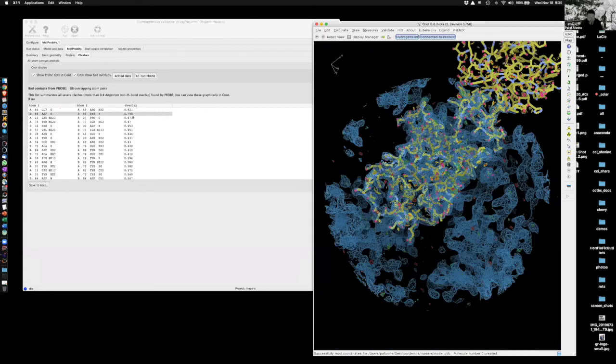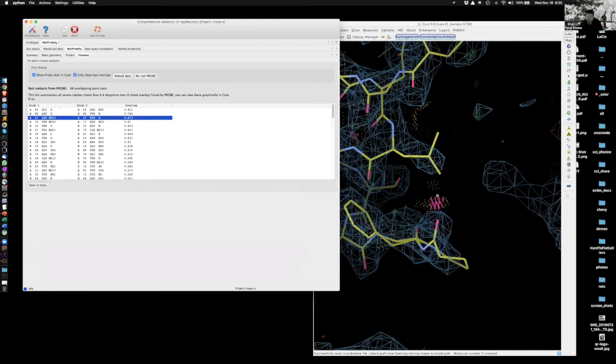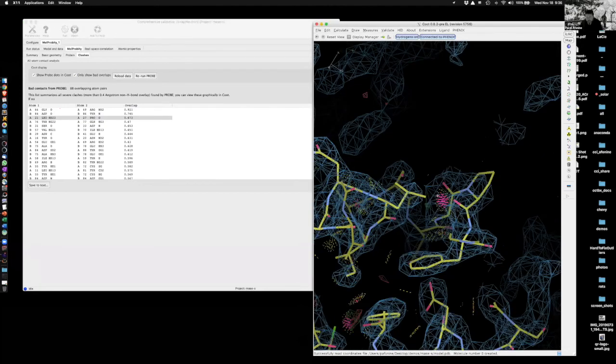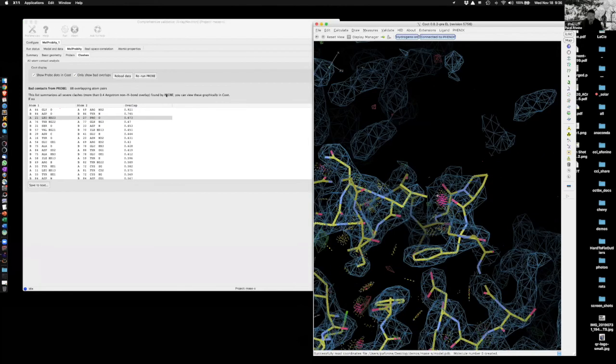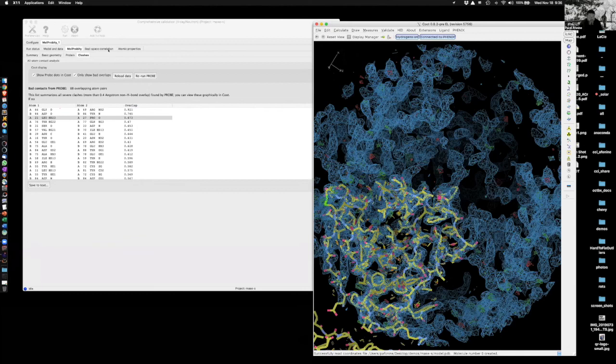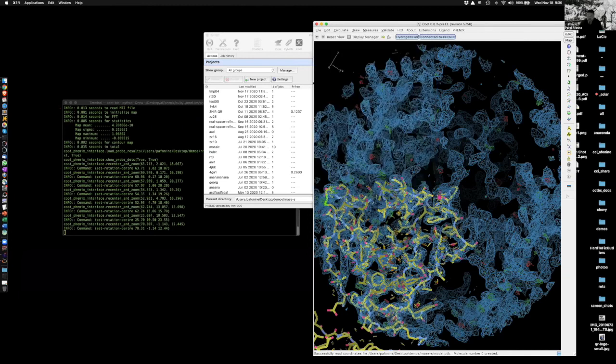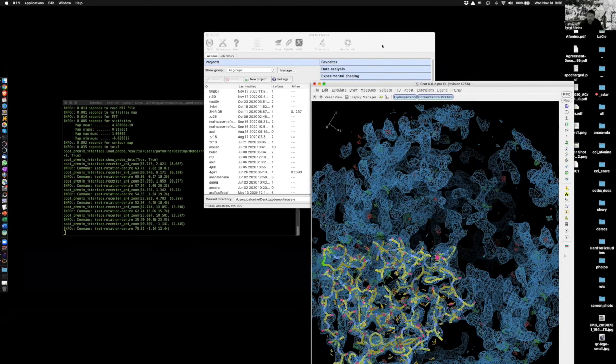Depending on what you're actually doing, you may just look at it, or you may take an action and fix it, right? So that's the idea. That's how you do this. So now let's close that validation report and do actual refinement.